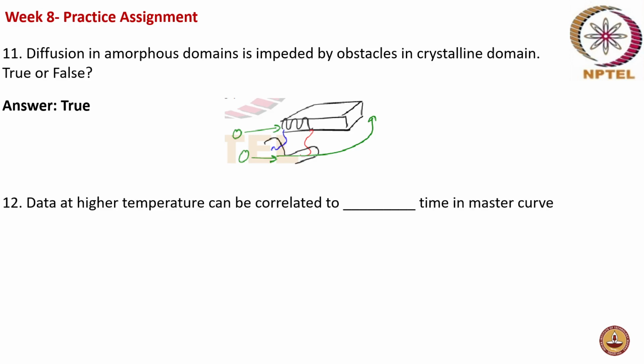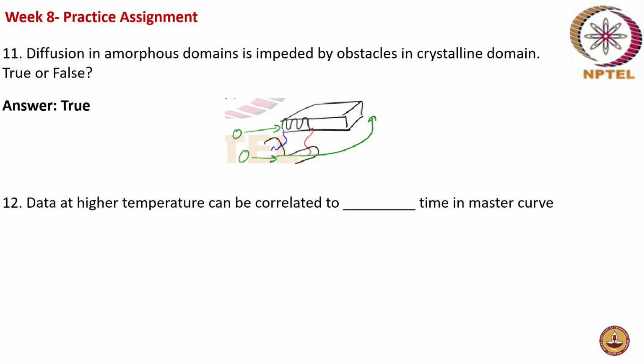Okay, the last question for the session: data at higher temperature can be correlated to dash time in the master curve. We know that time-temperature superposition is possible, right? So how do we relate the higher temperature to time? Is it higher times or lower times?